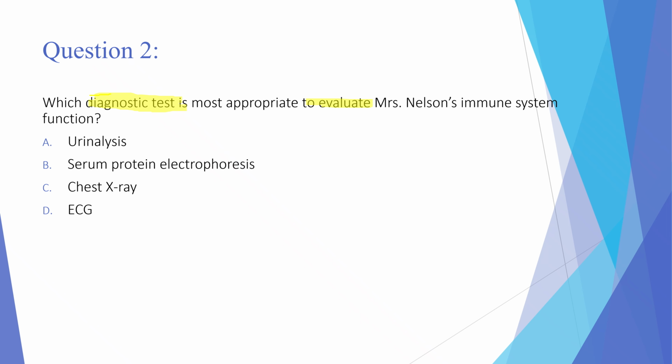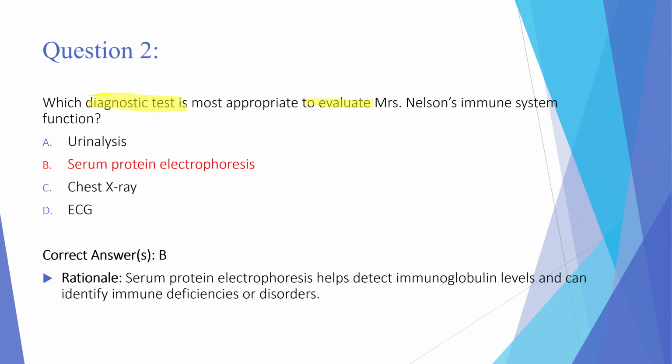Urinalysis, serum protein electrophoresis, chest X-ray, ECG. But think, we suspect infection. So the most appropriate should be this one, because it helps to detect hemoglobin levels and can identify immune deficiency or disorders.